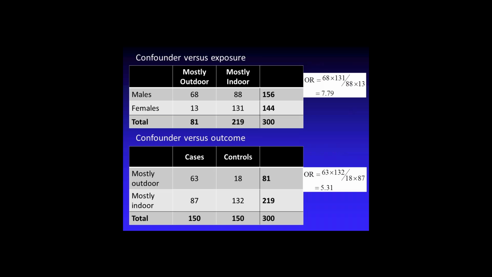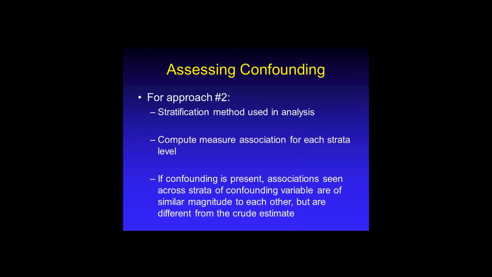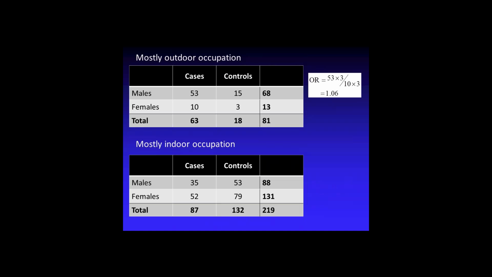Since it's a positive confounder, does this mean that the 1.71 that we saw before is an overestimate or an underestimate of the true association? Overestimate, because positive confounders artificially drive that association higher. And so what do we do? We can stratify. We can look at the association between malarial infection and being male among those who work mostly outdoor, and then among those who work mostly indoor.